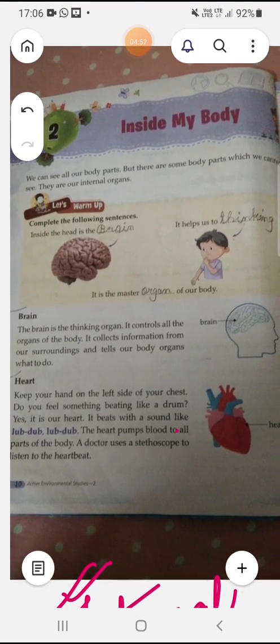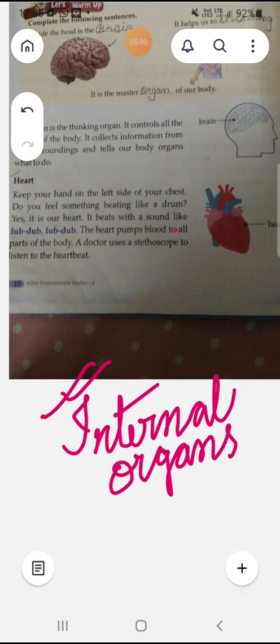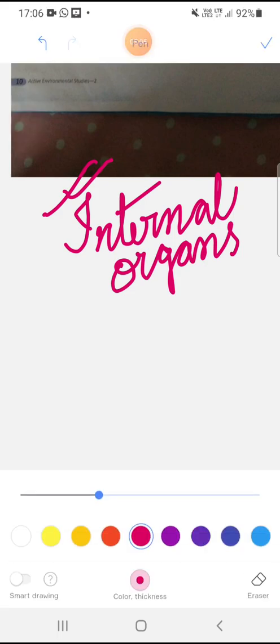The organs of our body which we cannot see from outside are called internal organs. So I am writing this question for you. You will write down the question as well as the answer in your copies.